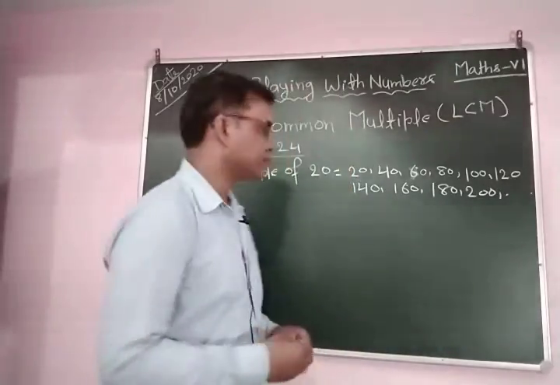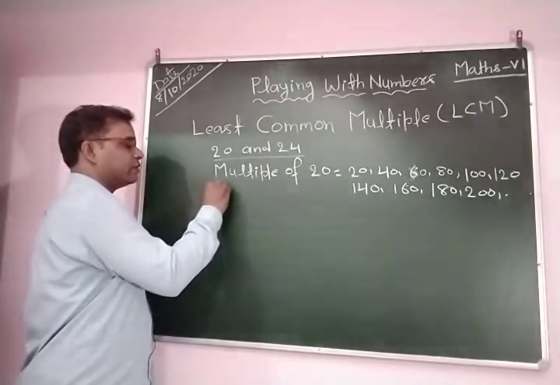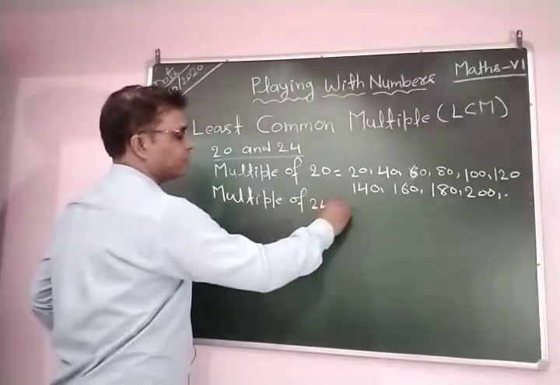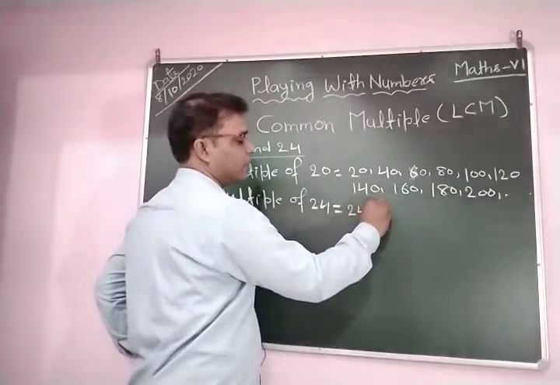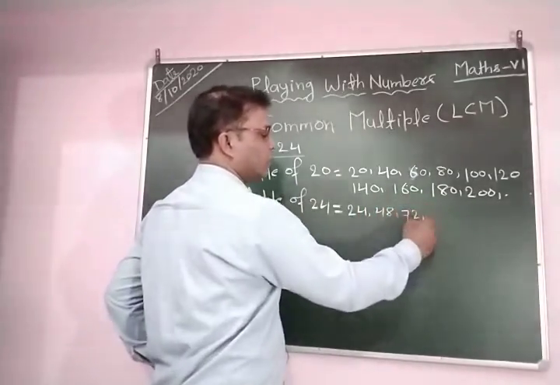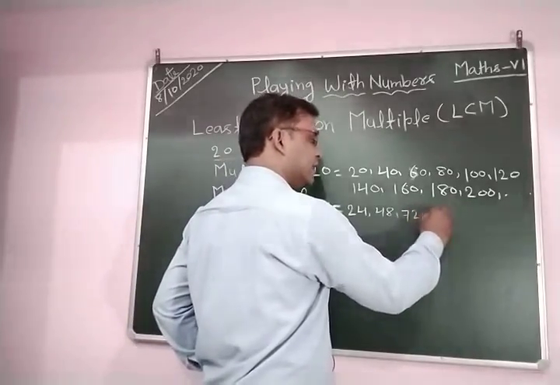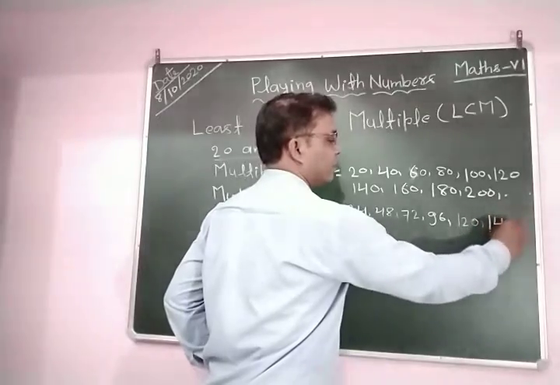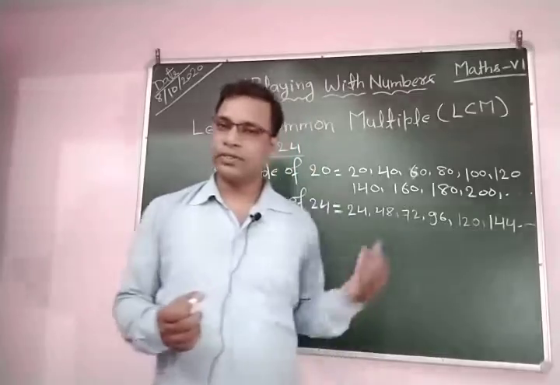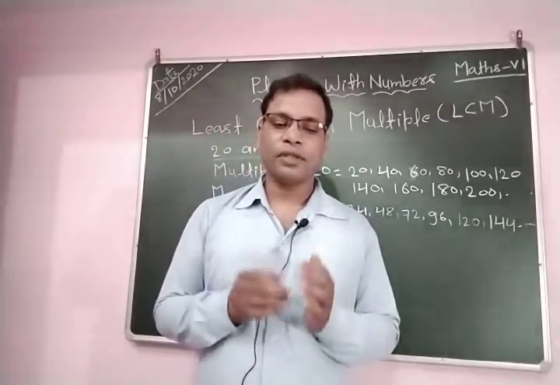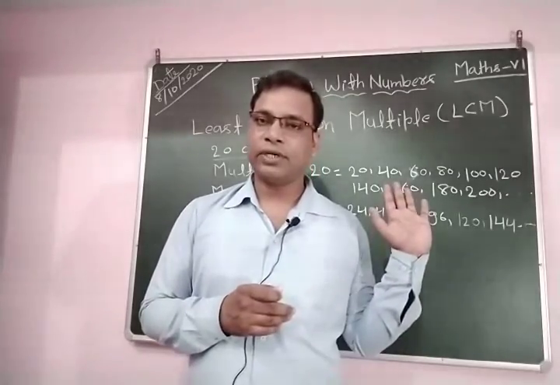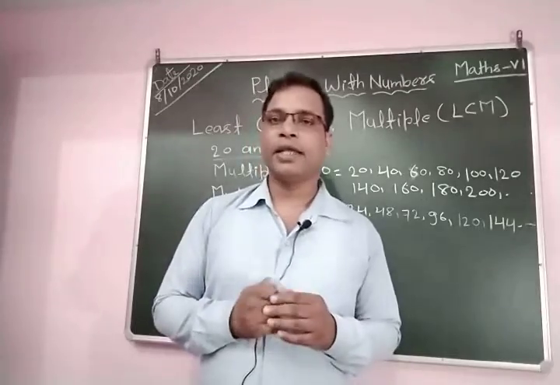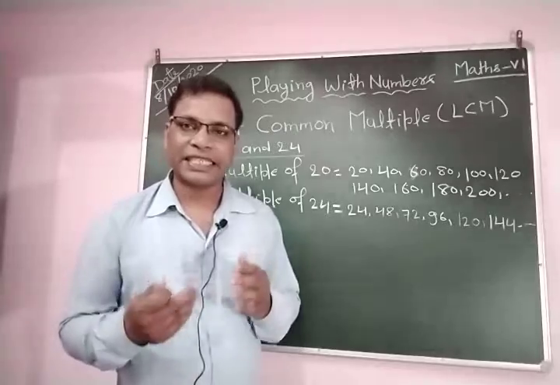Here you can see we write the multiples of 24 as 24, 48, 72, 96, 120, 144, 168, and so on.